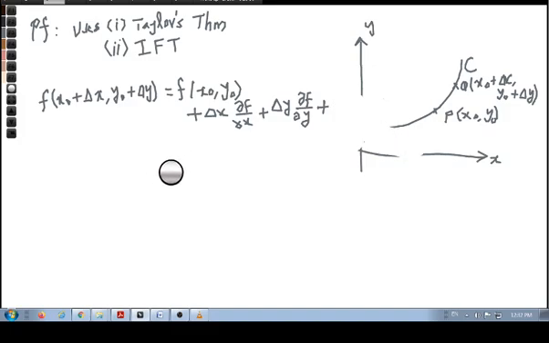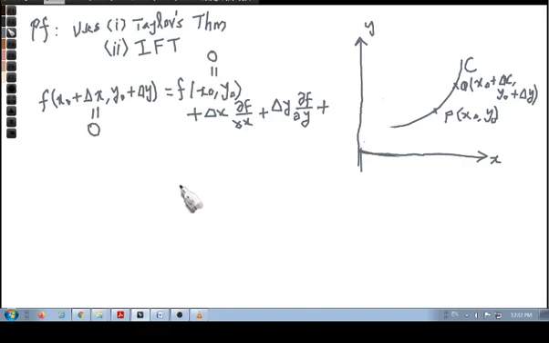This is the x-axis, this is the y-axis. But this is equal to 0, this is also equal to 0.